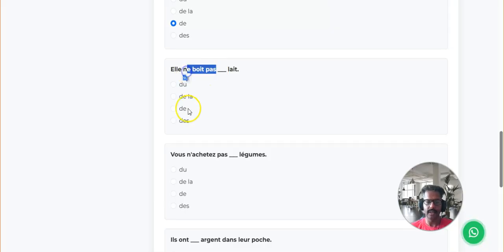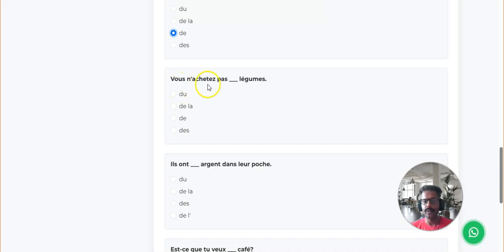Again negation, de lait and not du lait. Vous n'achetez pas de légumes. Why de? Because it's a negation too. It doesn't matter if it's plural, we have to write de here.